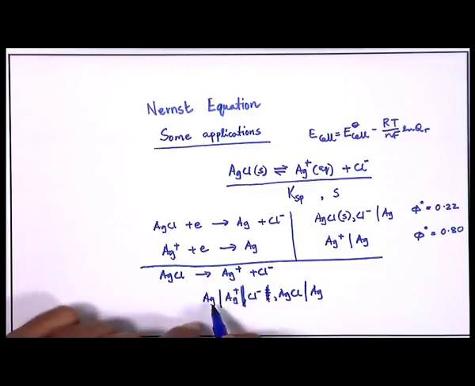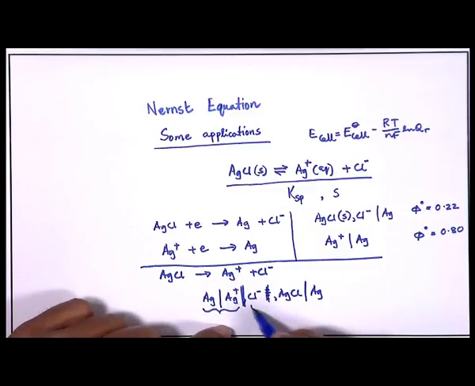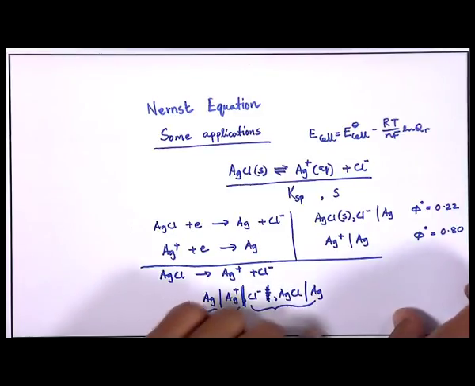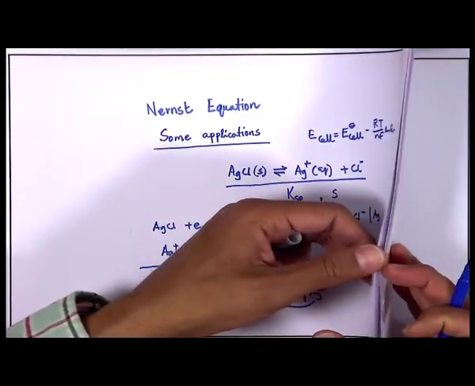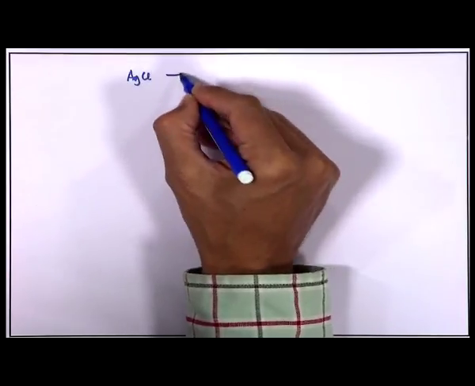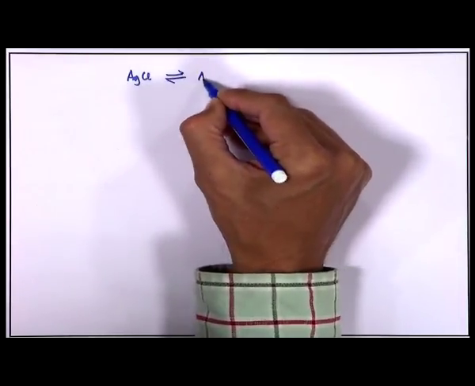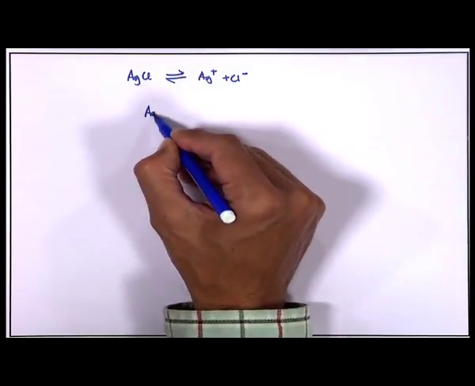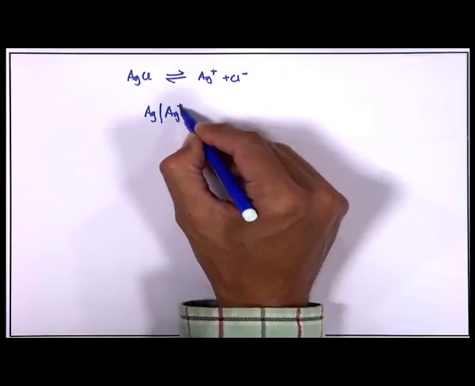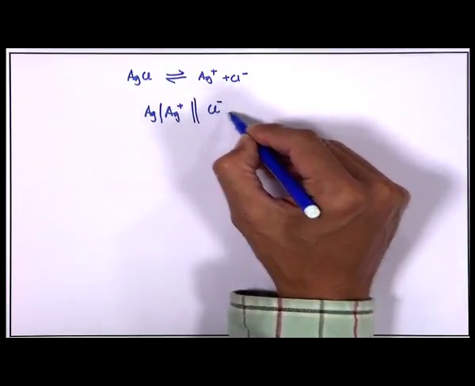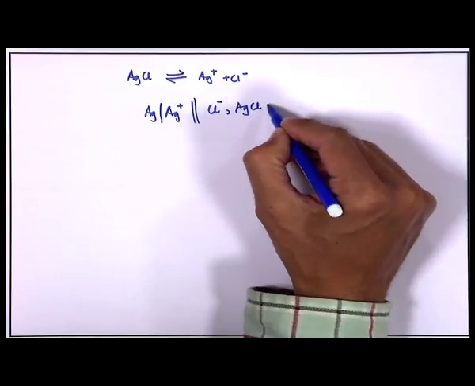This is one half cell, this is another half cell. So, let me write the net reaction, AgCl giving rise to Ag plus and Cl minus. The cell will be Ag, Ag plus, then Cl minus, AgCl, Ag.